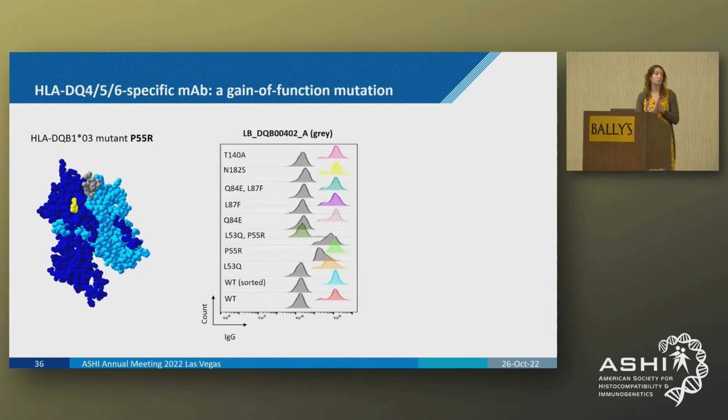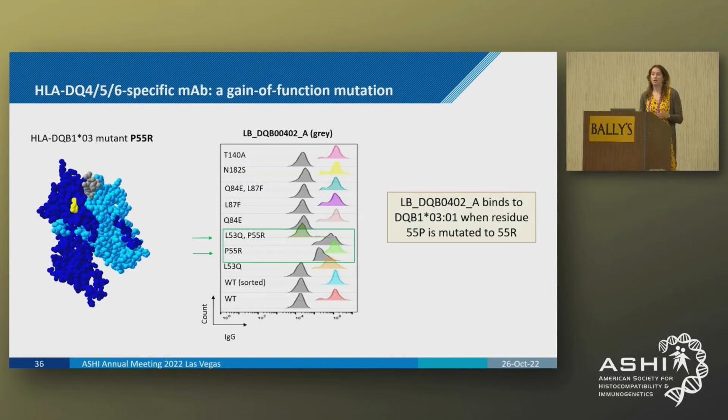Here, it's important to tell you that the negative control, the monoclonal antibody that we use for the negative control, is this DQ456 specific antibody. So here we can see that indeed in gray, this monoclonal antibody does not bind to the wild type on the bottom, but also not to any of the mutants, except when position 55P is mutated to a 55R, and also again the double mutation with positions 53 and 55.